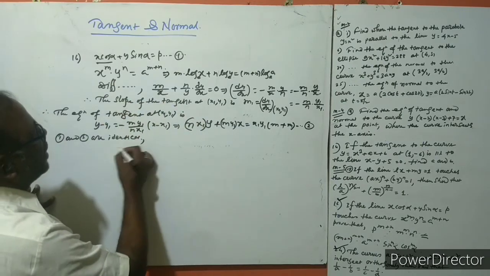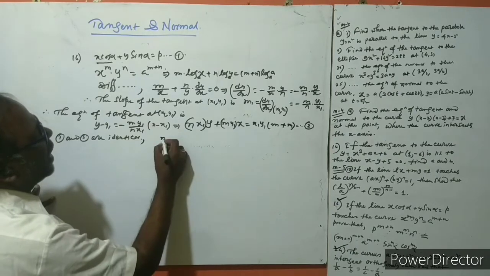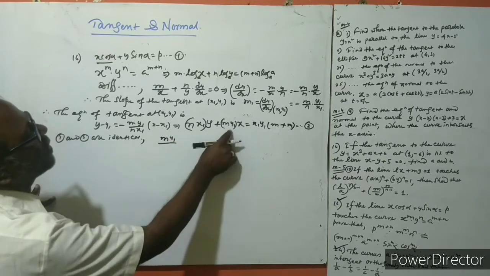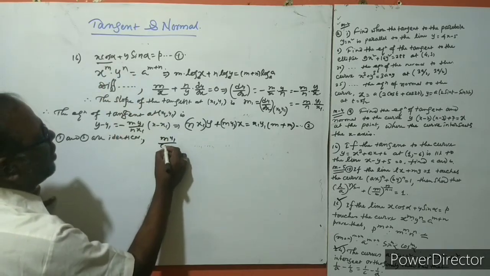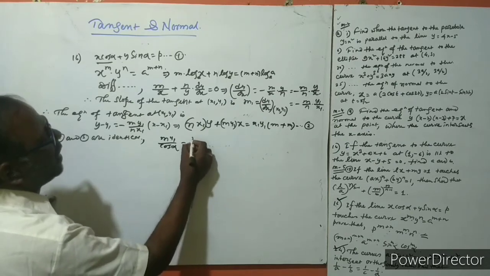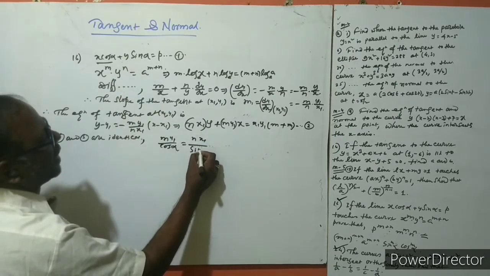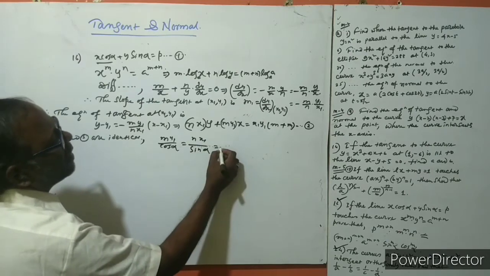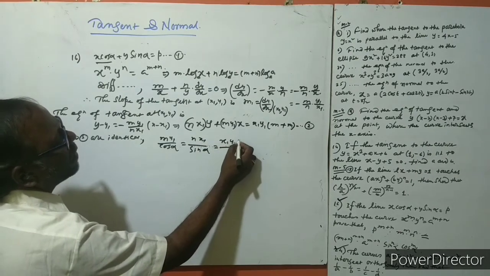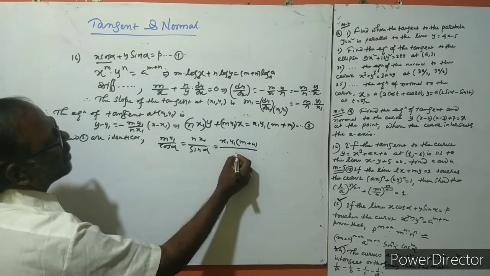So the coefficient of x here is m y1, and there it is cos alpha. Likewise the coefficient of y here is n x1, and there it is sin alpha. And the constant is m plus n times x1 y1, and there it is p.